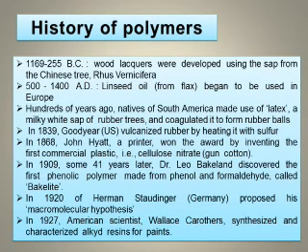In 1920, Staudinger first proposed the macromolecular hypothesis. In 1927, Carothers synthesized and characterized the alkyd resin for paint. So this is the history of polymers.